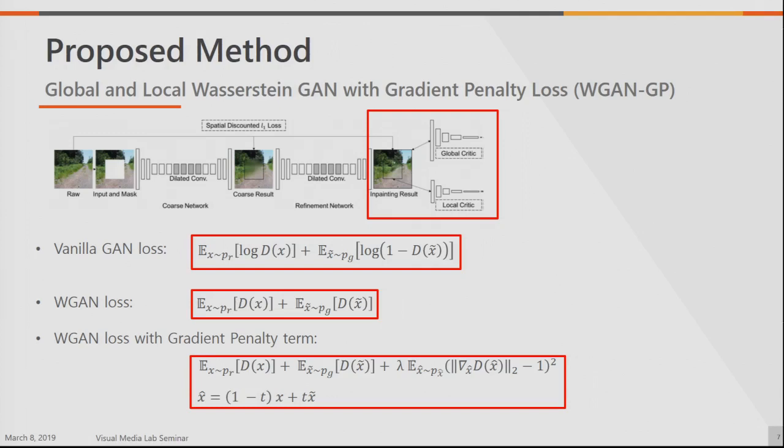So it's calculated like this, with T being a random value between 0 and 1. And adding this term, again in previous works, has proven to make the training process much more stable. And so this final loss function is what they use to train both their local and global discriminator.